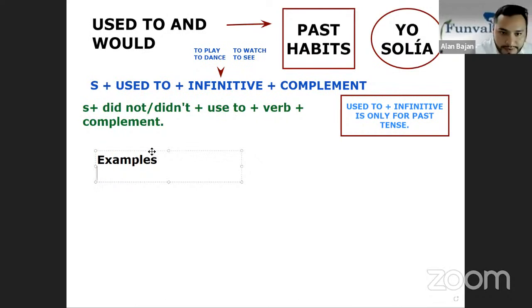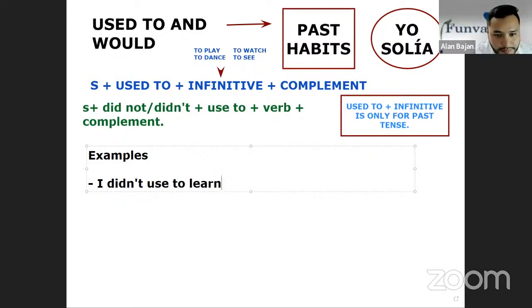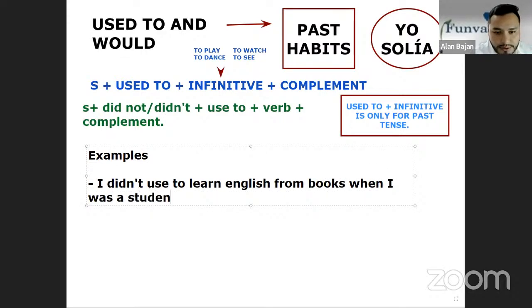Now examples. I didn't use to learn English from books when I was a student.